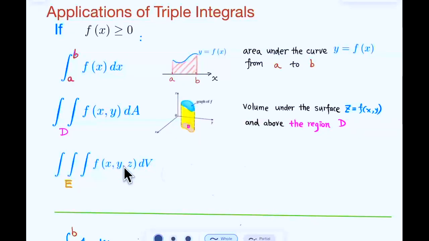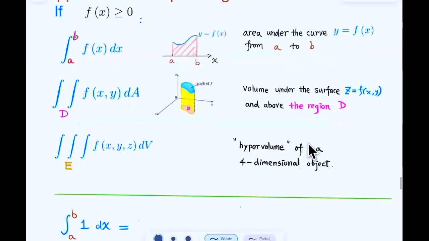Now today, we have a triple integral over a solid V. In order to think about this, you actually have to have 4 dimensions. And this one here actually represents a hypervolume of a four-dimensional object. So this is a volume, this is a hypervolume. One more dimension.